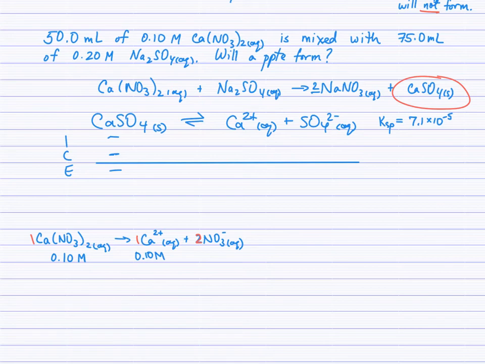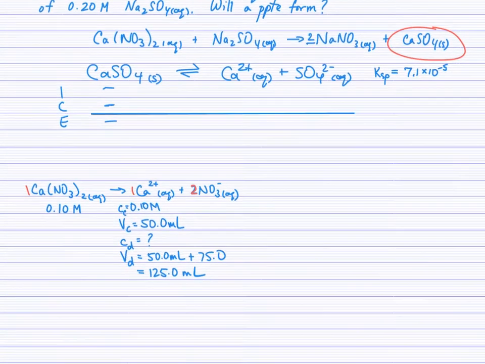Now, that's the concentration of the concentrated solution, right, in my volume of 50 milliliters. But I'm looking for the concentration after mixing, which means when that has been diluted. We had 50 milliliters, and we combined that with another 75 milliliters of solution for a total of 125 milliliters.